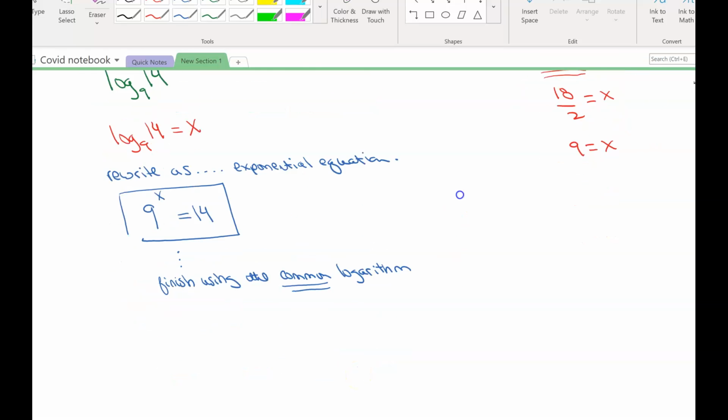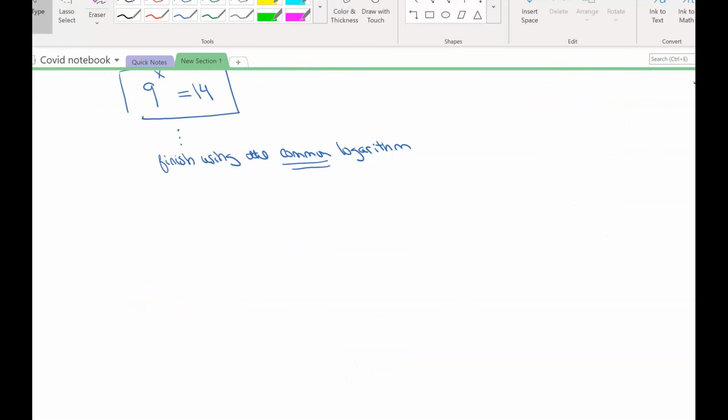Here's where I want you to eyeball these for a second, because sometimes you'll have use of a calculator and sometimes you won't. So I'm going to give you a bunch right here.